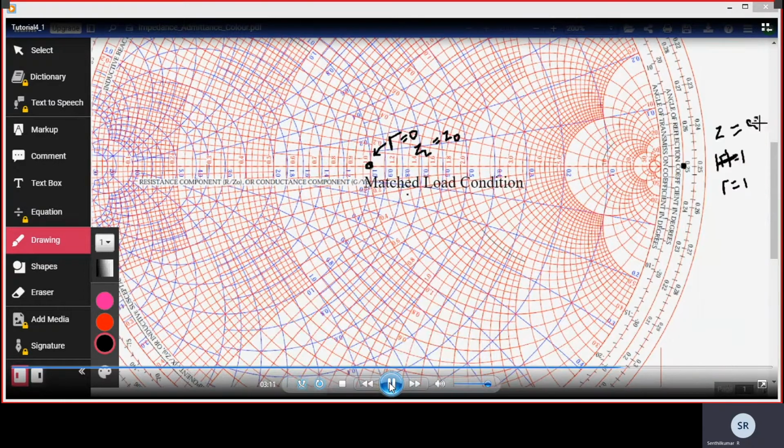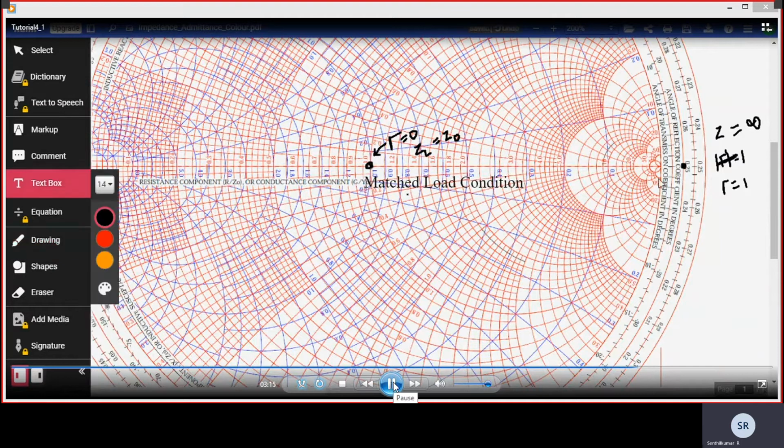And where is the point Z equal to infinity and Z equal to 0.